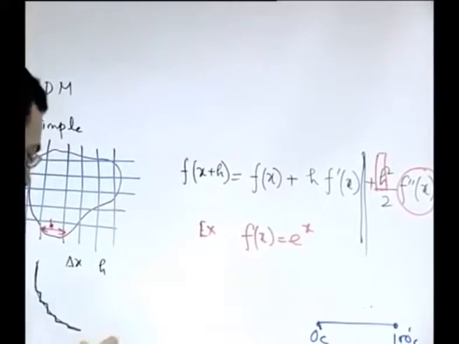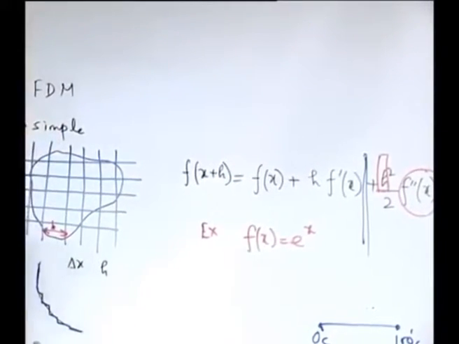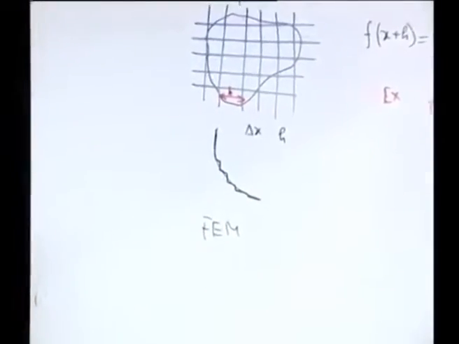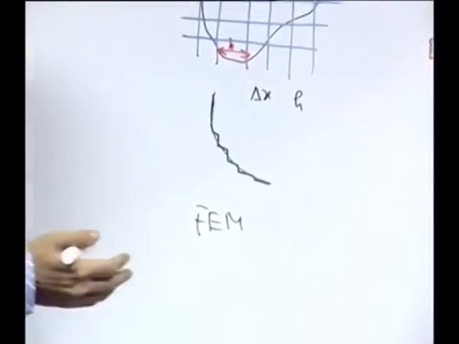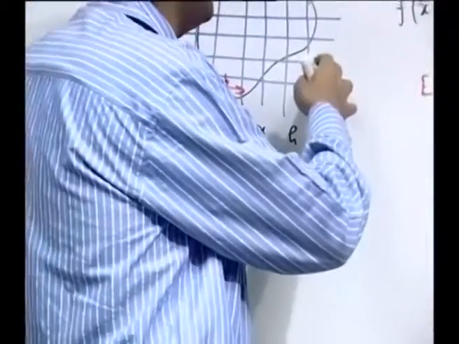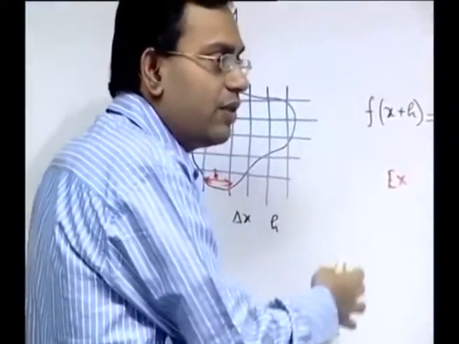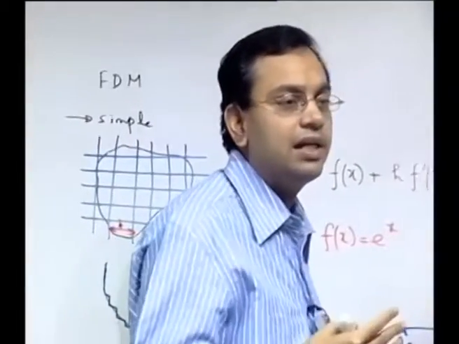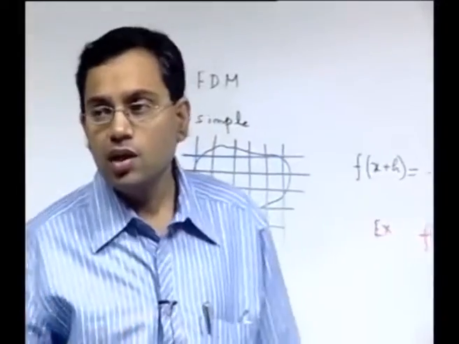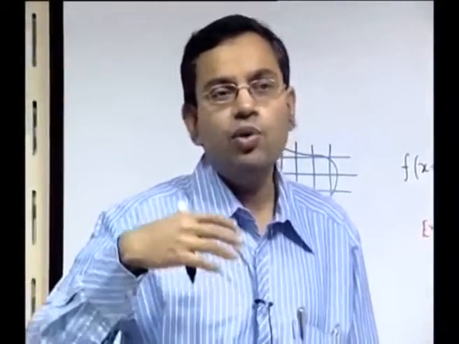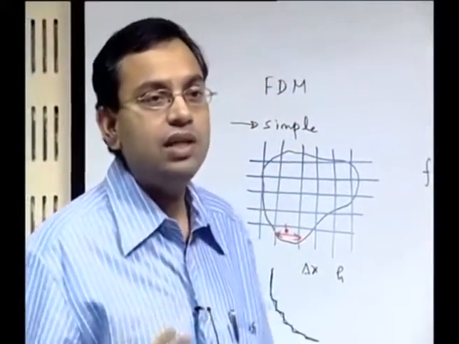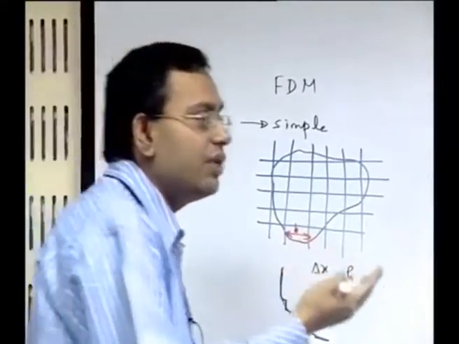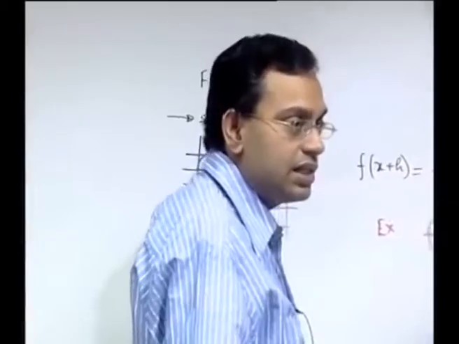Now, if you consider the finite elements method, it is relatively more complicated than the finite difference method, because you have to go through a more rigorous formulation to derive the discretization equations. It is not as straightforward as writing the derivative terms directly in terms of the Taylor series expansion.